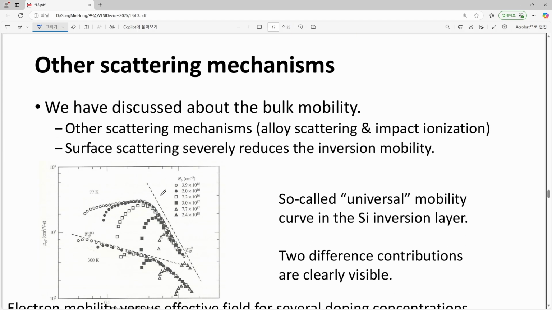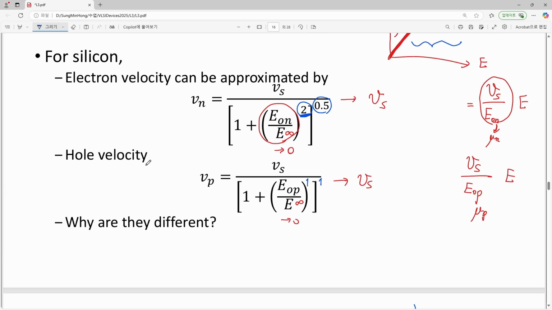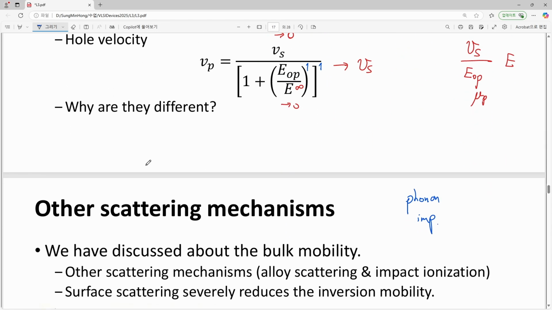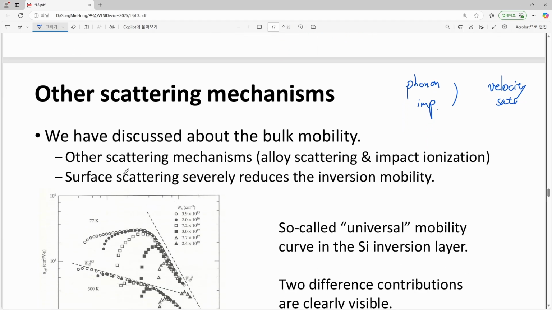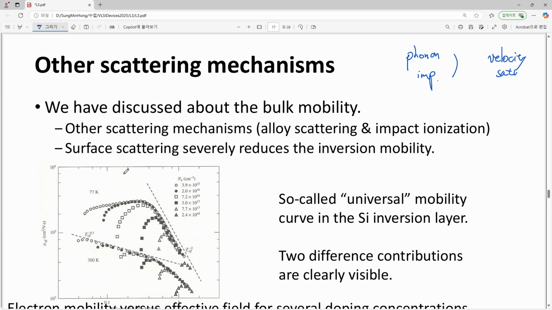Up to now, we have thought about phonon scattering and also impurity scattering mechanisms, and also later we have thought about velocity saturation. Velocity saturation is quite important, and now we can consider other scattering mechanisms.